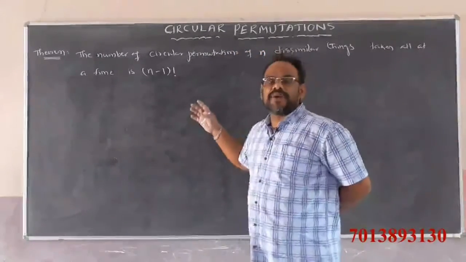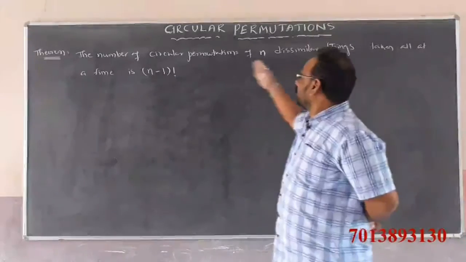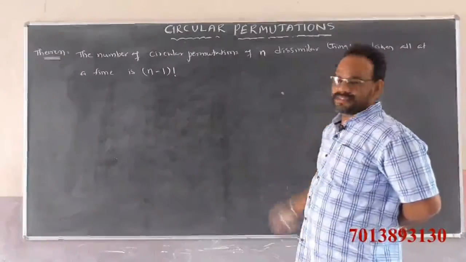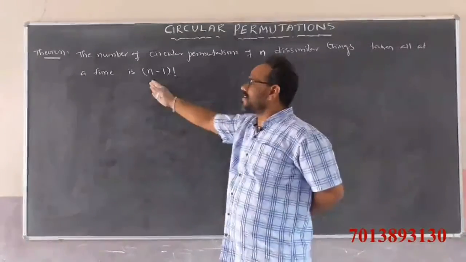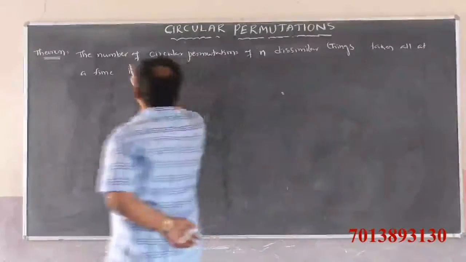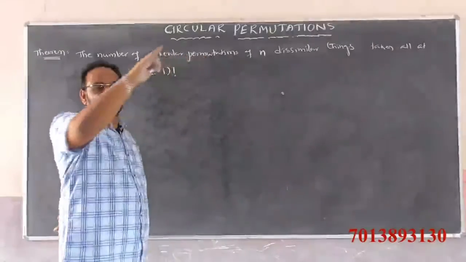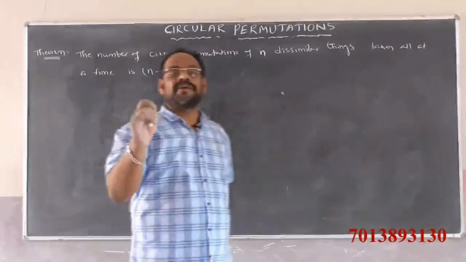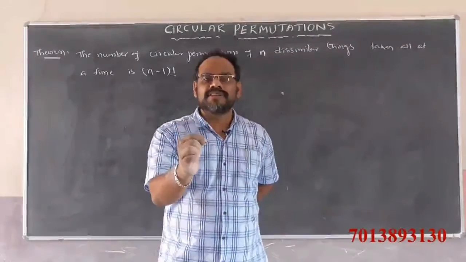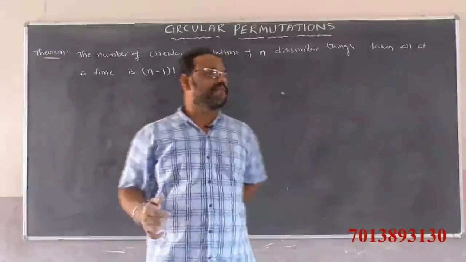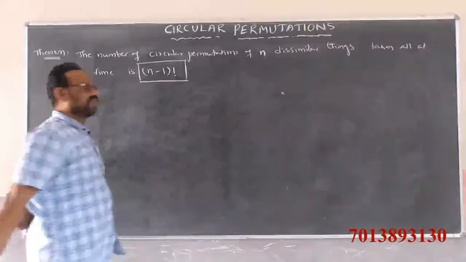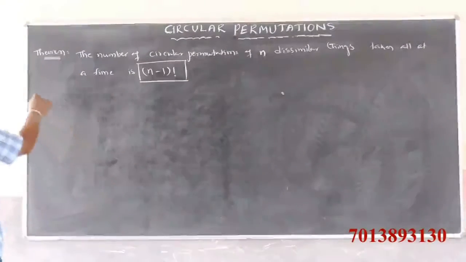So we use the formula: the number of circular permutations of n dissimilar things taken all at a time is (n minus 1) factorial.